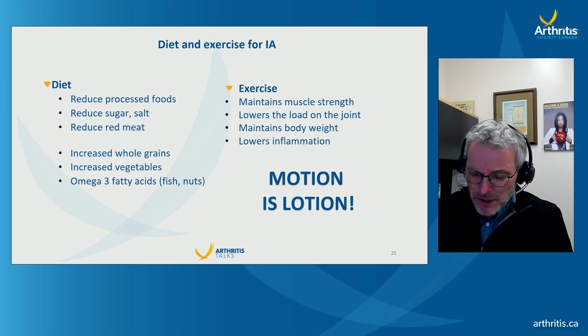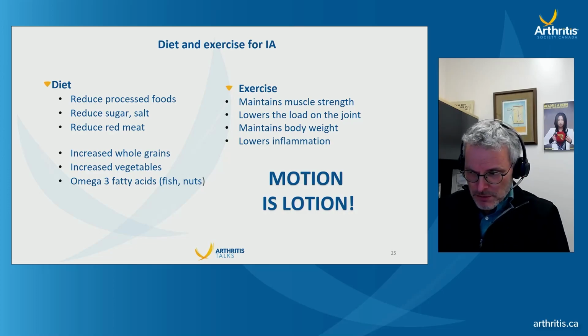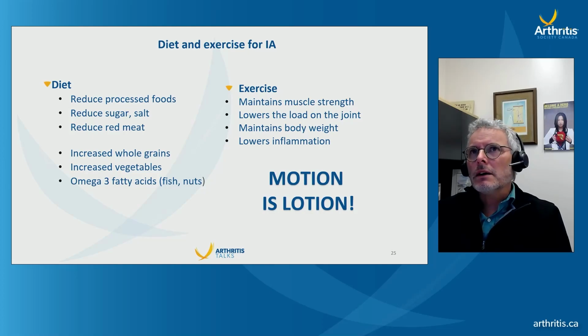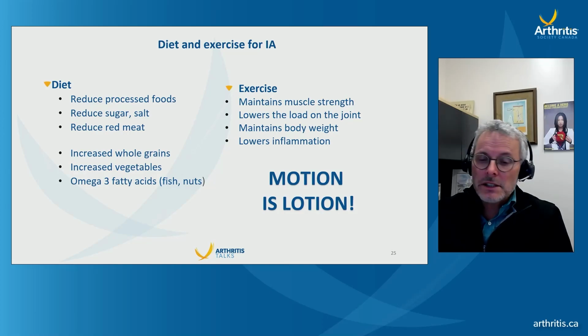I want to touch a little bit on diet and exercise because they're becoming more important and we're seeing a bigger effect from these. We know that processed foods, sugar, salt, red meats are what we would talk about as pro-inflammatory. So there's actually an Arthritis Talks webinar about diet, which you can take a look at.